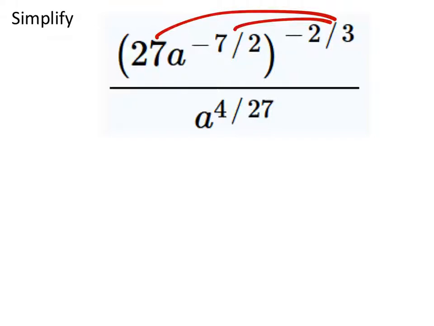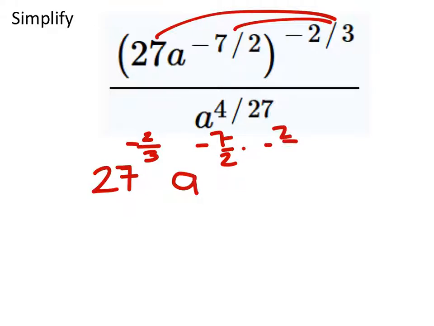So I've really got 27 to the power of negative 2/3. And I like to see my fractions like that. It doesn't really matter how you guys write them. And then I've got a to the power of negative 7/2 times negative 2/3. So my power of a ends up being, I can simplify this with the 2's, right? 7/3.